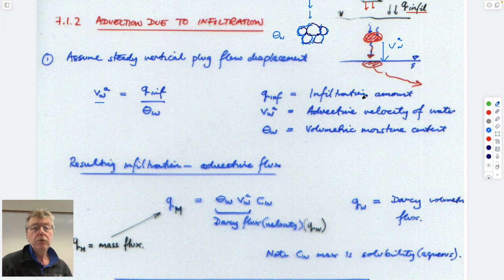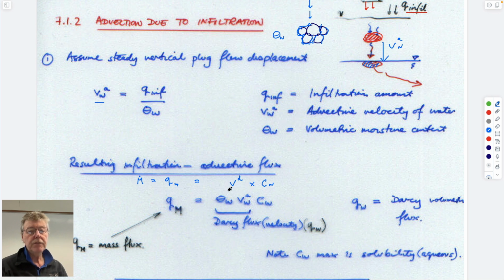But if you want to calculate the mass loading of the dissolved contaminant as it arrives down at this base, that mass loading is going to be given by Darcy's law multiplied by the concentration. So this is the mass flux. I guess this is what we've called before m dot. I think it's a mass flux per unit area, but don't worry about that.